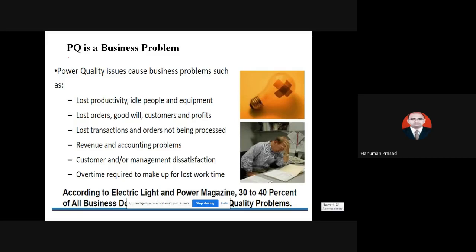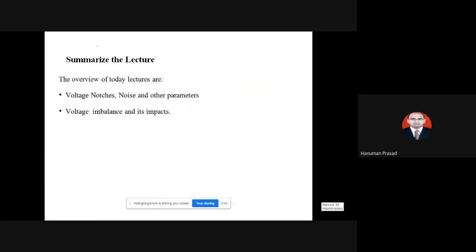Power quality problems in a business cause lost productivity, idle equipment, loss of goodwill, consumer profit, transaction revenue. So this is the main problem of PQ, power quality. So power quality means we require the sine wave.